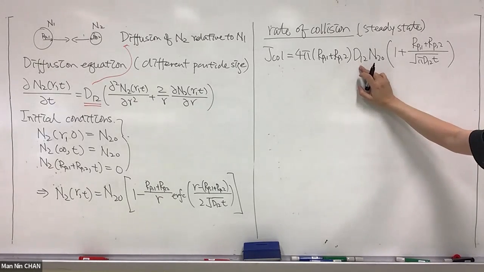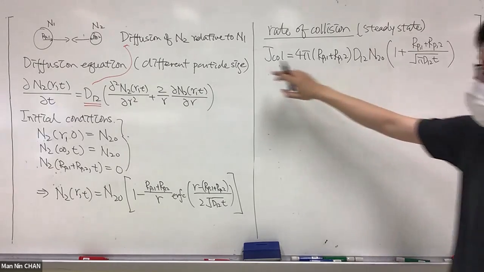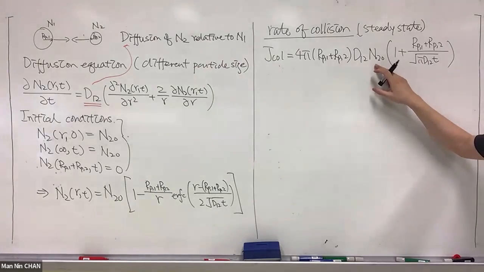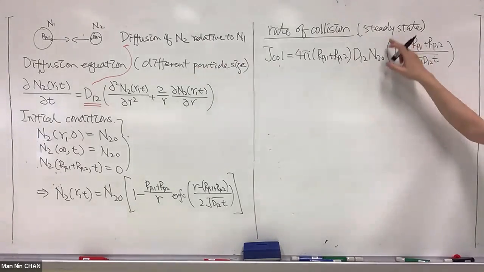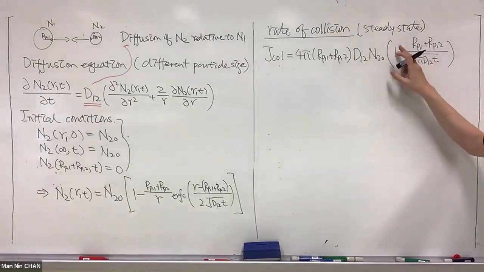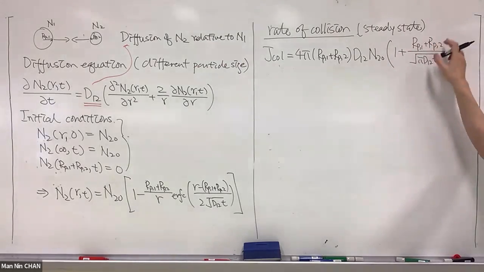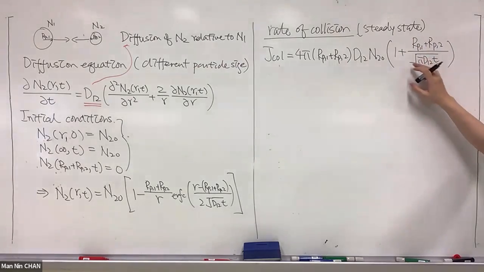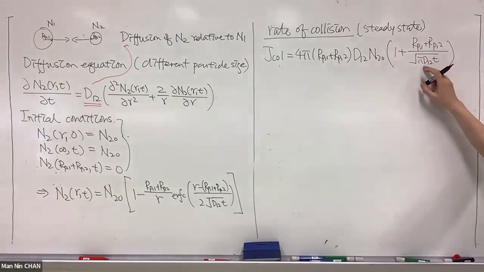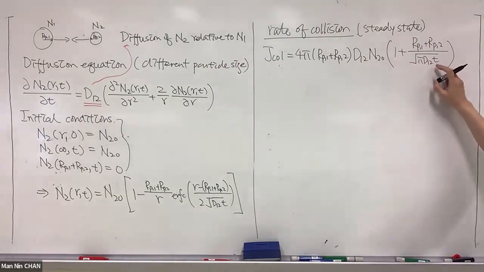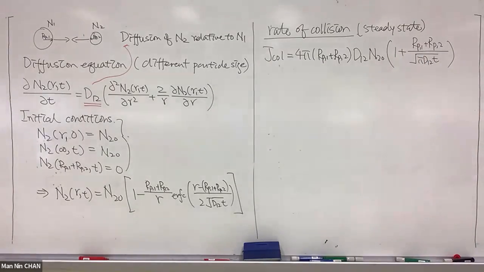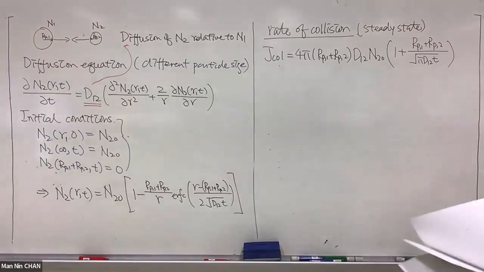And then this is the diffusion coefficient of the N2 relative to N1, and this is your N2 initial concentration, then you times this 1 plus RP1 plus RP2 divided by the square root of pi times the diffusion coefficient times T. Because the collision rate will change with time.